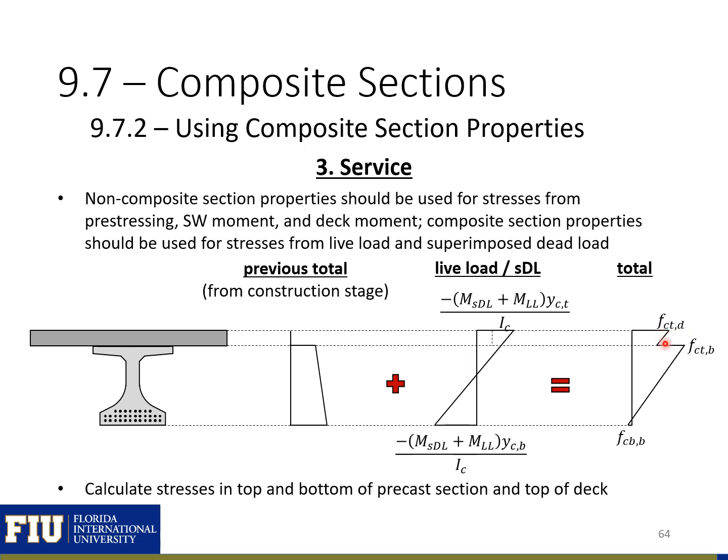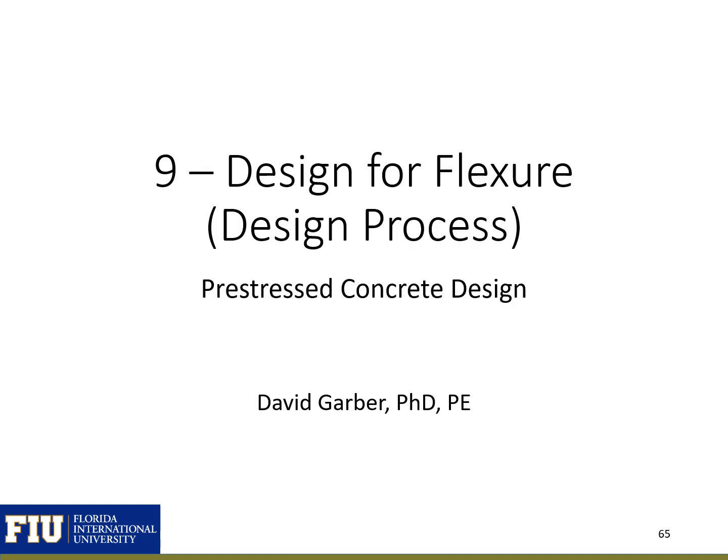You can see there's a discontinuity in our stress diagram because our loads are applied at different times in the section. So that concludes our lecture here on the design for flexure for prestressed concrete members.